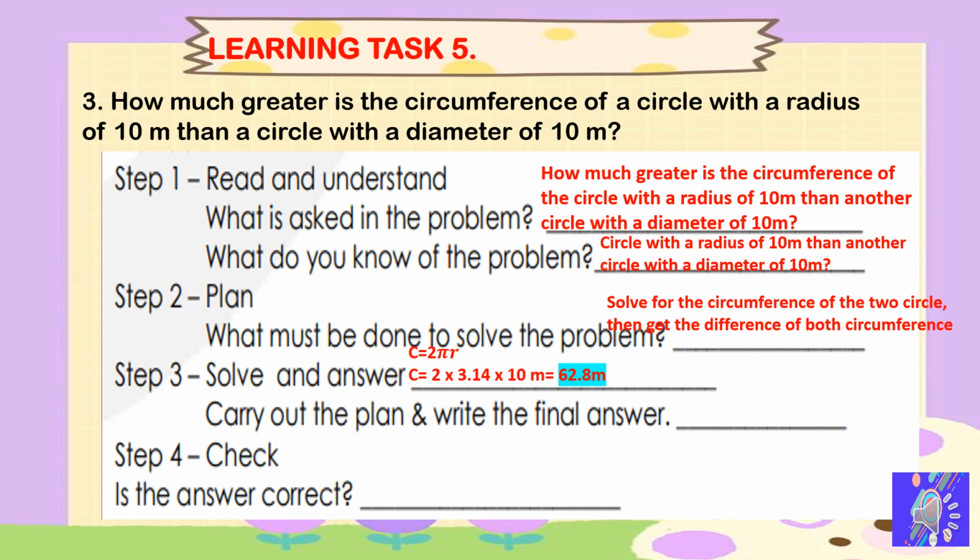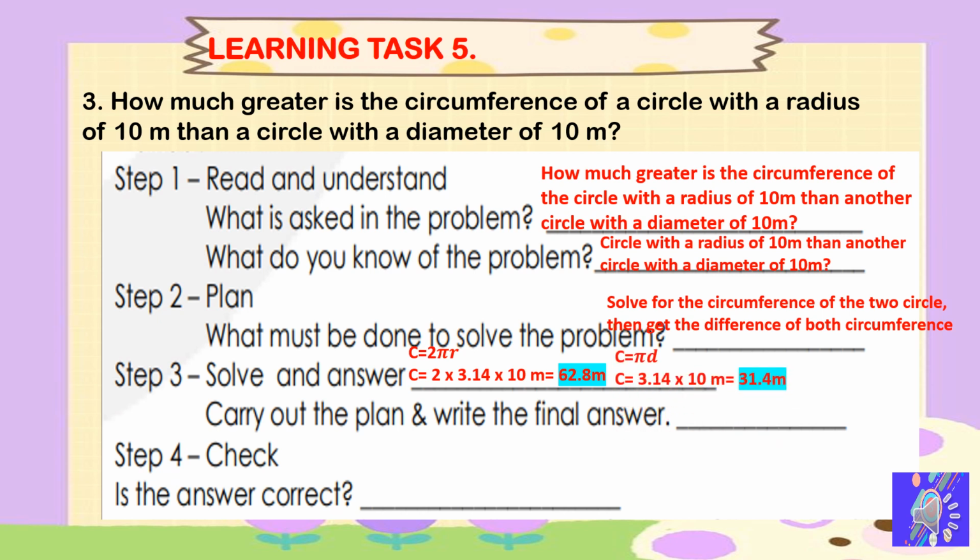Okay, and then, since for the first circle the given is the radius, we will use the formula C equals 2 pi r. And then let us convert. So C equals 2 times 3.14 times 10 meters, which is the radius. So the answer is 62.8 meters.